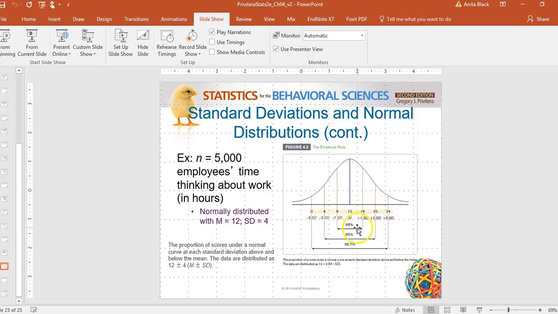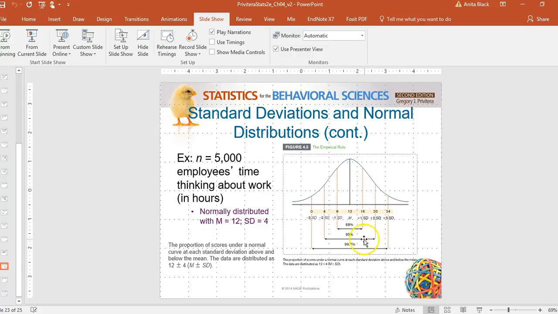68% of all the scores fall within one standard deviation from the mean in a normal distribution. Let me say that again. In a normal distribution, 68% of the numbers fall within one standard deviation. You see what I'm saying? Right here, one deviation.